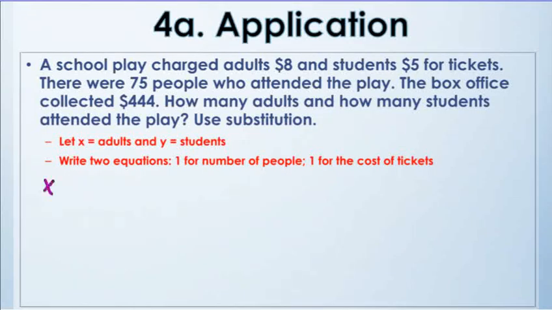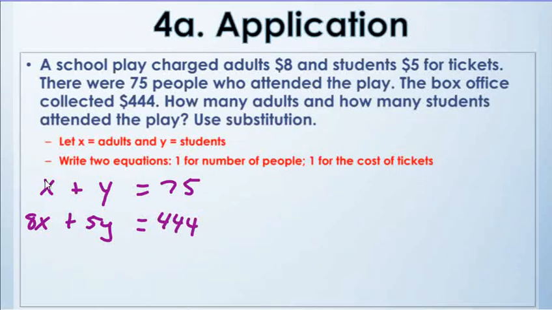So I have x adults plus y students equals a total of 75 people. The other one, I have $8 for adult tickets plus $5 for student tickets. I collected $444. Those are my two equations.